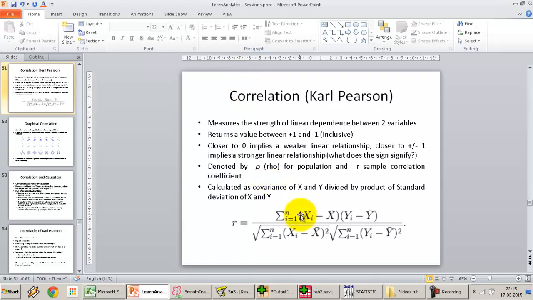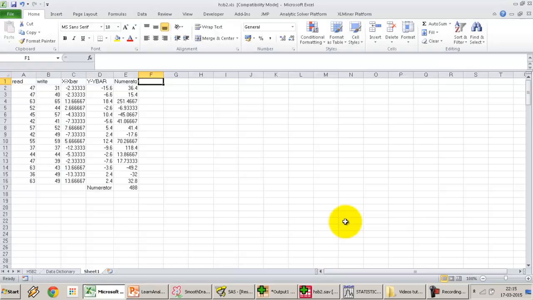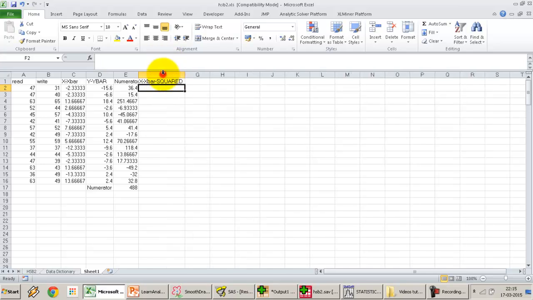The denominator is the square root of the summation of xi minus x bar whole square, which is related to the standard deviation. So I simply take this particular variable and I will square it. So let's add the square term. I'll call it squared to make the column clear. We're going to take this and multiply it with itself.